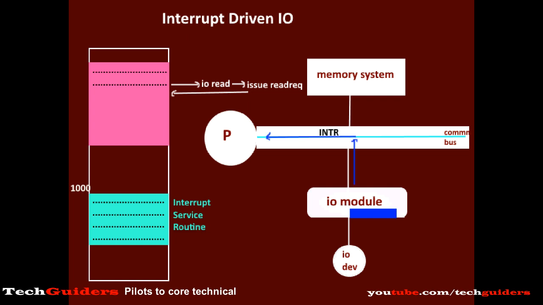When the interrupt is received by the processor, suppose the processor was executing instruction I and the next instruction to be executed is I plus 1. Now the processor will complete the execution of instruction I and is ready to move to the interrupt service routine corresponding to the device.